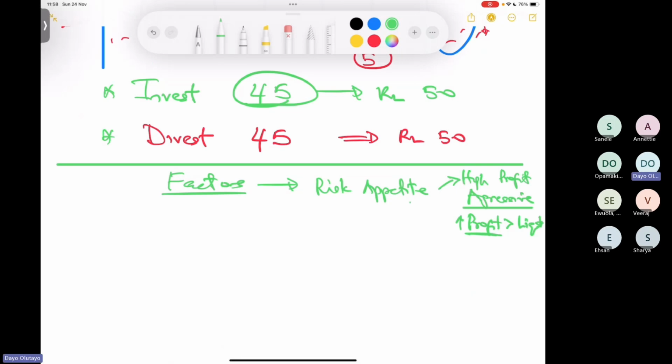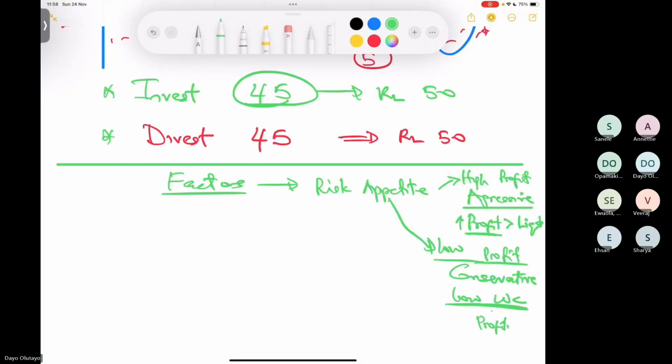But if you are low appetite in terms of risk, then you are not interested in high profit. So you are looking at low profit. And what does that mean? It means you are a conservative company. And in that case, your working capital level will be high, because you are keeping a lot of liquid assets, very conservative.